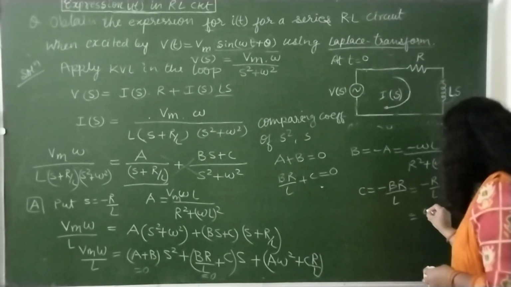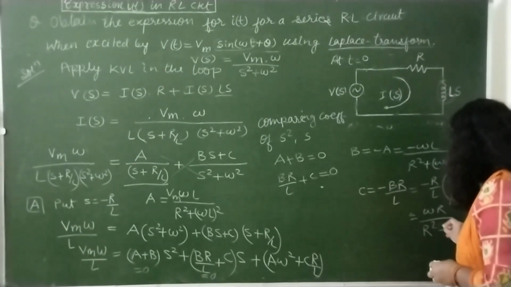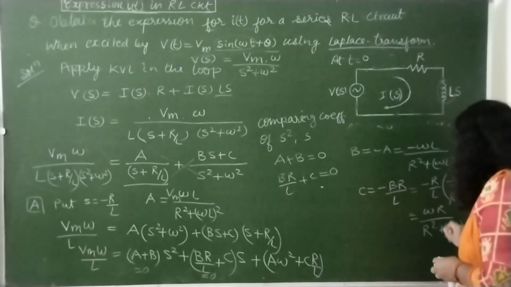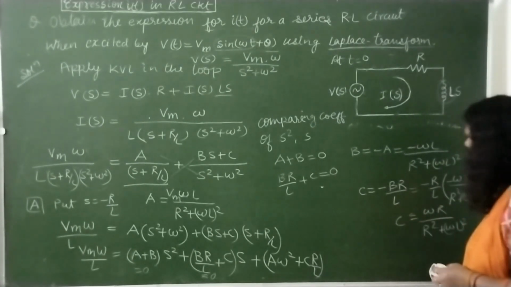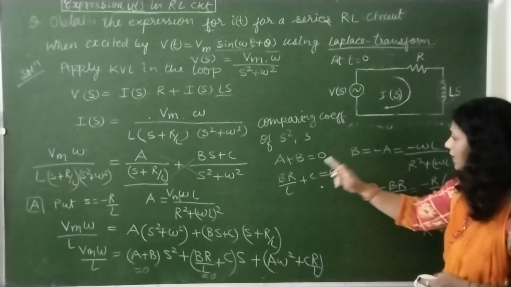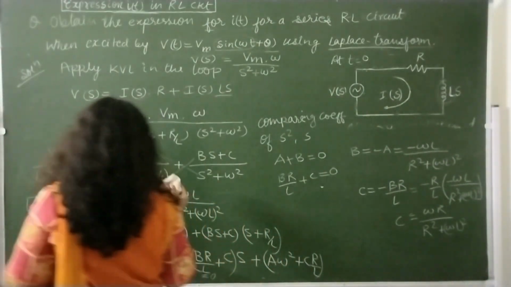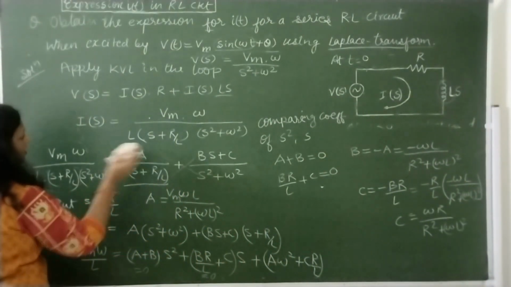Here we will get omega R divided by R square plus (omega L) whole square. This is C. Okay, we got the three constants, A, B and C. Okay, now substitute these constants here.